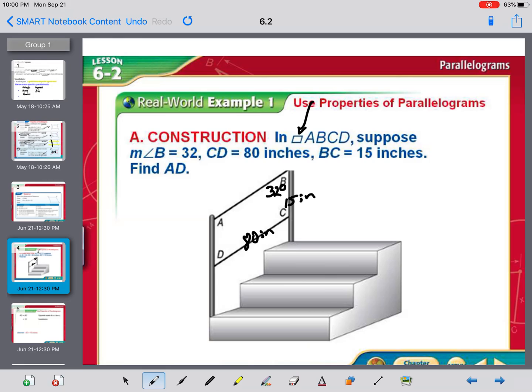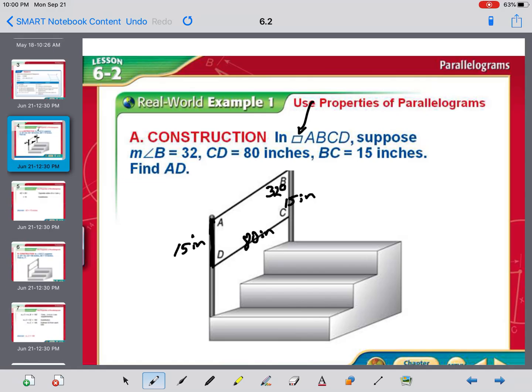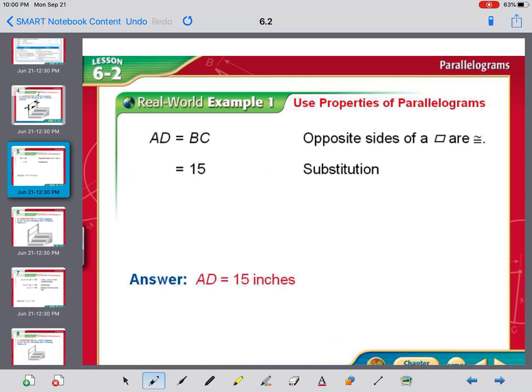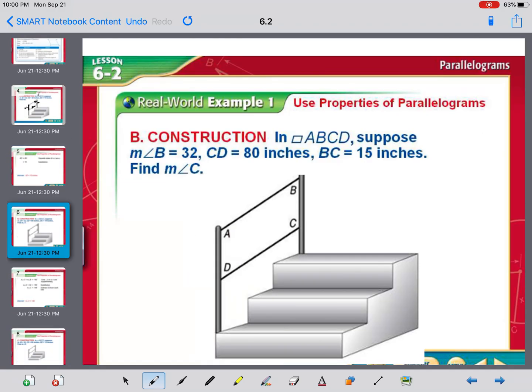And BC is 15 inches. It's the length of this side. And it asks us to find AD. Well, because this is a parallelogram and opposite sides are congruent, this is 15 inches. So I didn't need the 32, I didn't need the 80 for that problem.